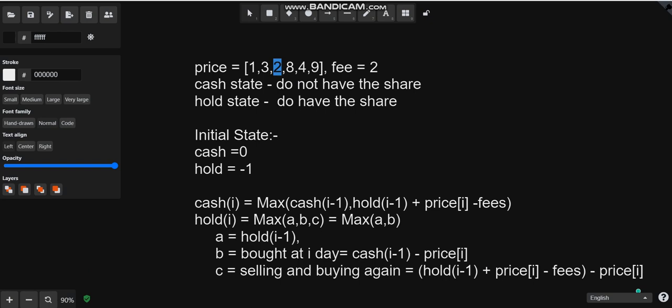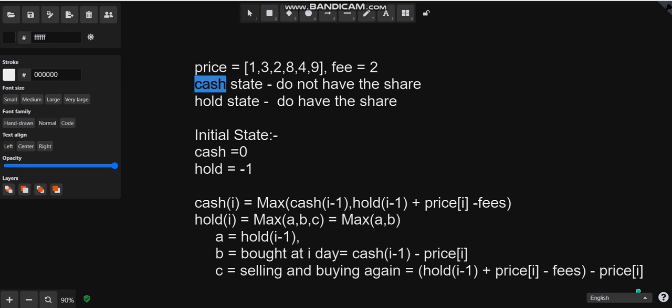One would be a cash state, which represents the maximum profit at a particular day if we do not have the share. And also at a particular day there will be a hold state, which tells us the maximum profit if we have that particular share on that day. So just try to understand these two terminologies.